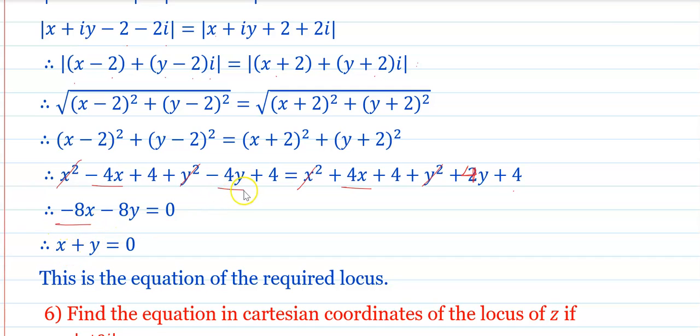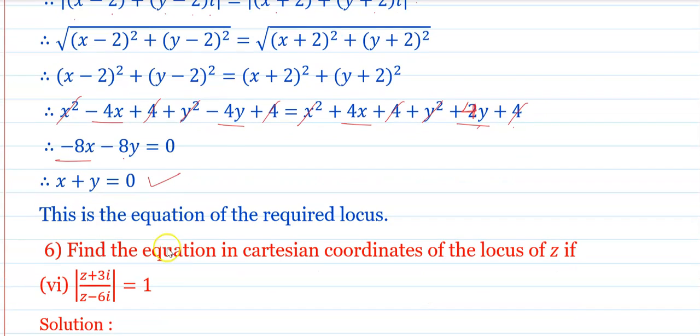Next, minus 4y and plus 4y become minus 8y, and the plus 4 cancels. You get minus 8x minus 8y equals 0, and hence x plus y equals 0. This is the equation of the required locus.